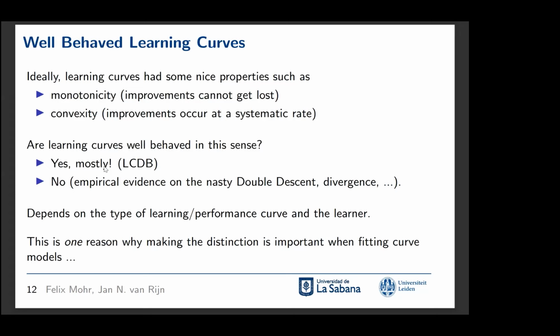So it's only getting better over time. The problem is that if you only have monotonicity, then maybe your curve always improves, or at least doesn't get worse, but maybe at an irregular rate. And that can make it a bit hard to make predictions about how learning is going to evolve over time for this learner. Convexity gives you precisely this.